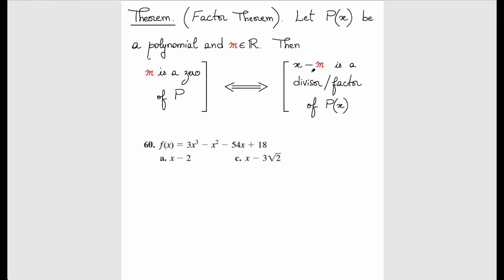So clearly we're kind of talking about this type of result. X minus m is a factor or a divisor of a function or a polynomial p of x, in this case f of x, if and only if... So instead of taking f of x and dividing by x minus 2 and checking if you get the remainder 0, you do long division.